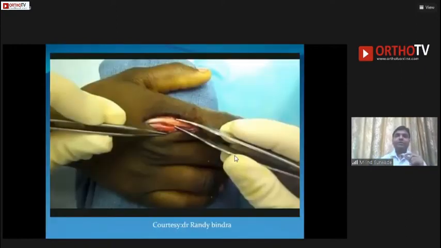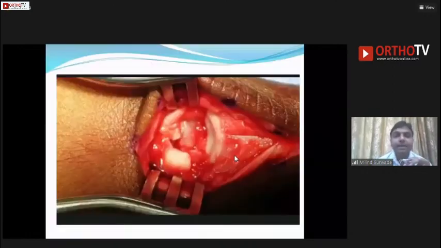So this is how we go for the dorsal approach. Dorsal is a very easy and very safe approach in which we take a midline incision centered over the MP joint. We cut the skin, go to the extensor apparatus, split the extensor mechanism in the center and reflect. Then you go to the capsule, cut the capsule in the center, release the hematoma, and then you get to the Volar plate, which is entrapped inside the joint.